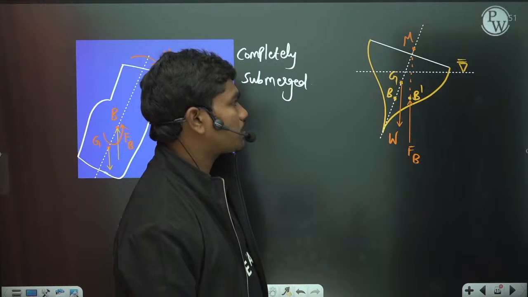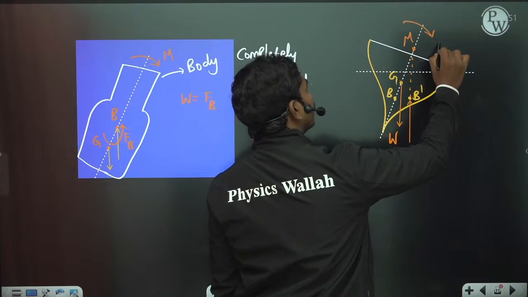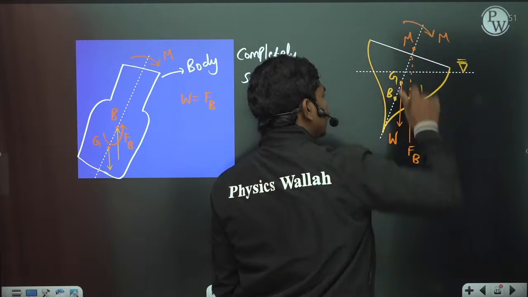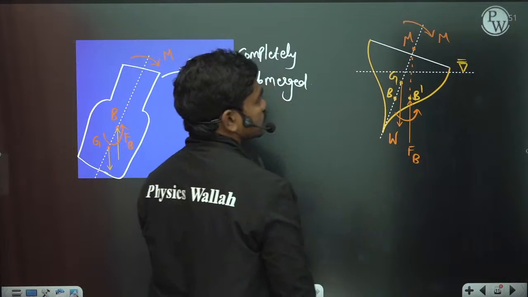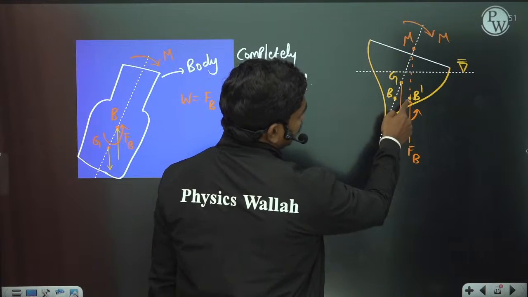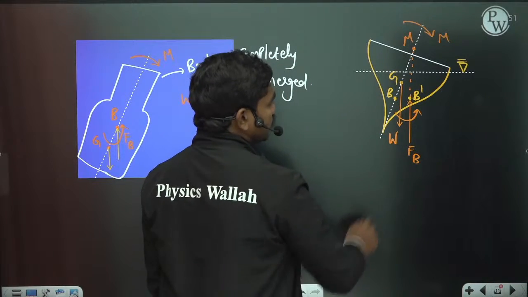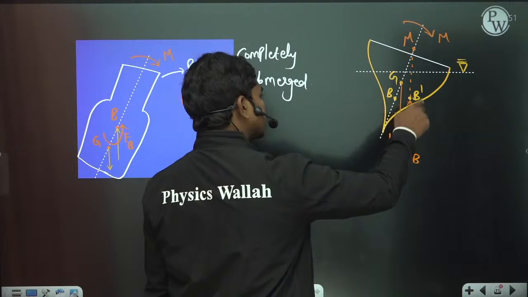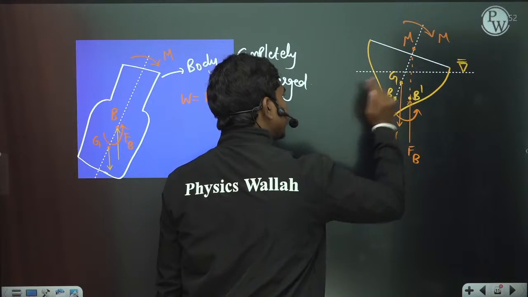So this concept M is called the metacenter. Now if I apply an external moment on this body and tilt it, then the moment generated due to these two should try to rotate it again in the counterclockwise direction. This can happen only when this point B dash is towards the right side of this vertical line, correct? This moment will be in anti-clockwise direction for this configuration when this B dash lies to the right side of this G.